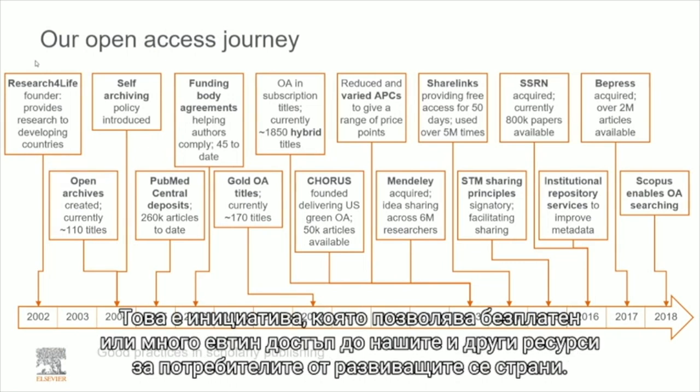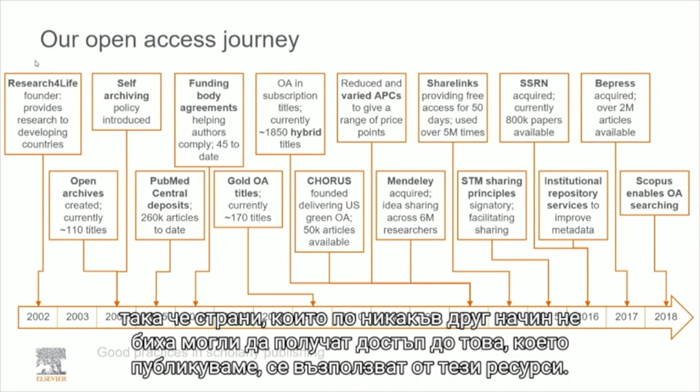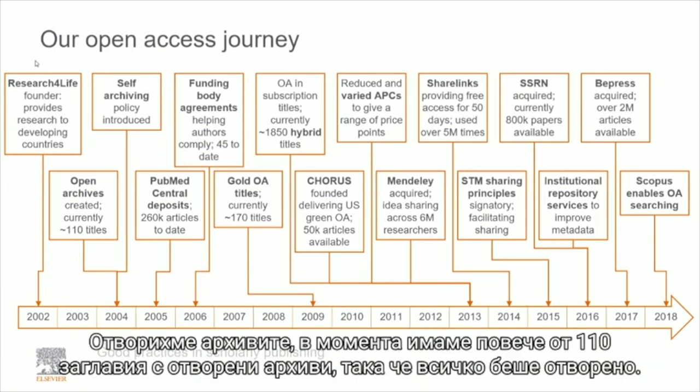It is an initiative that allows free or very cheap access to our resources and others' resources to developing countries, so countries which would in no other way be able to gain access to what we've published, but would definitely benefit from those resources. We opened archives. Currently, there are more than 110 titles with open archives, so everything historically was opened up.